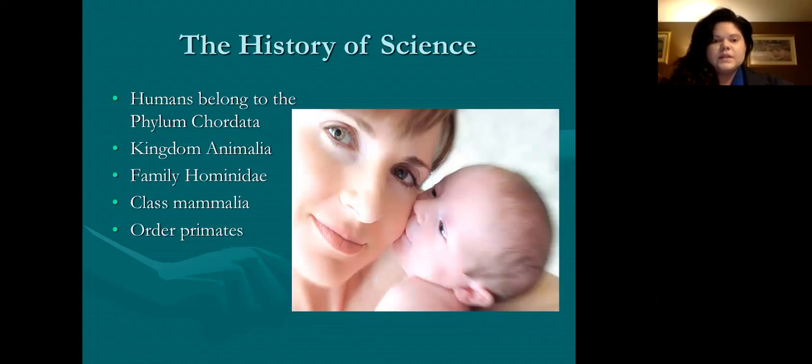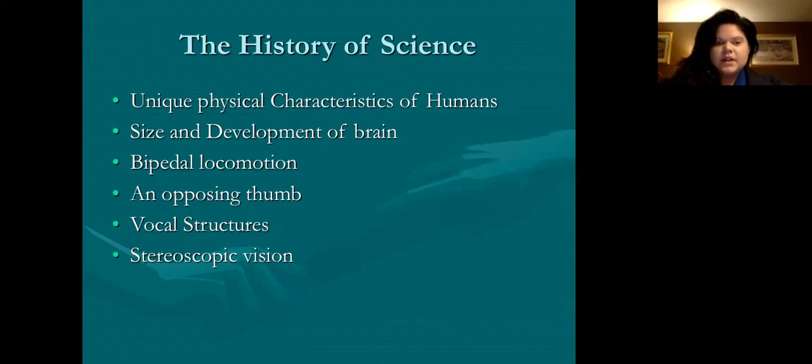As far as humans, we belong to the kingdom Animalia, the family of Hominidae. We're in the class of Mammalia, and our order is primates.